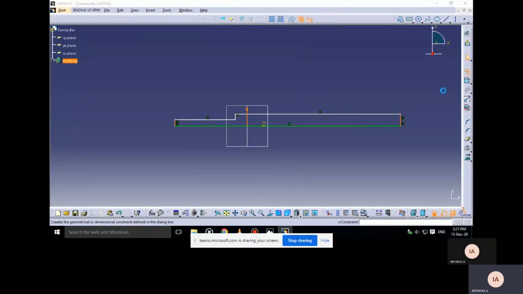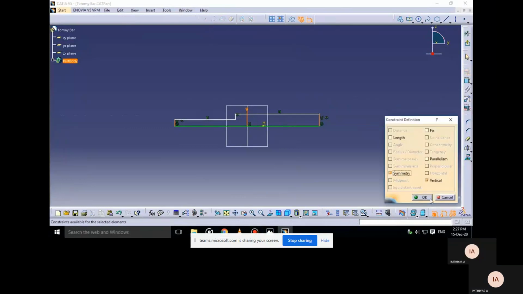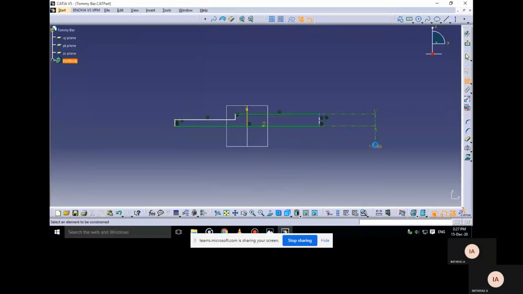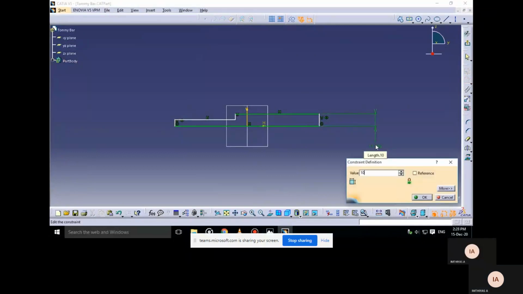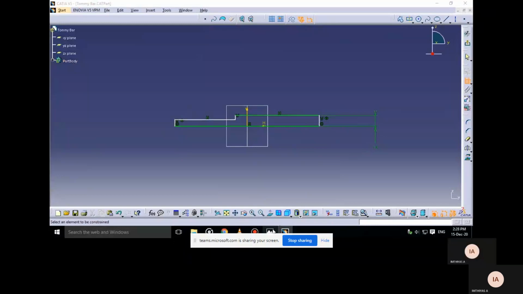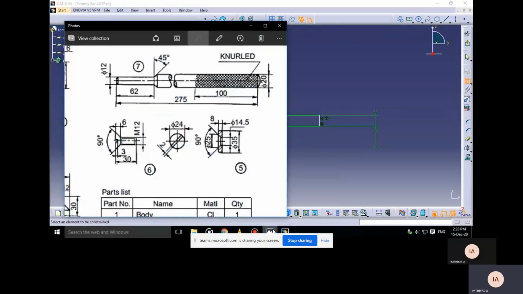Total length, we are making a symmetry. That is of diameter 12, which means diameter 6 on the other side.